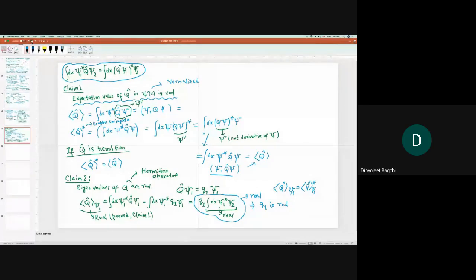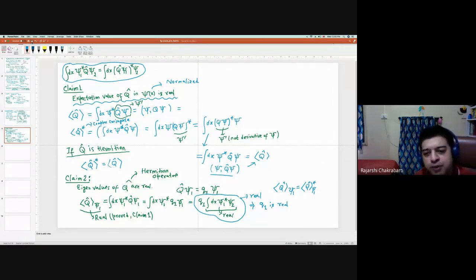Commutators and all these things were discussed. But now please tell others and each other: a Hermitian operator is not an operator whose eigenvalue is real. A Hermitian operator has a mathematical definition, and a consequence of that is that the eigenvalues of a Hermitian operator are real.